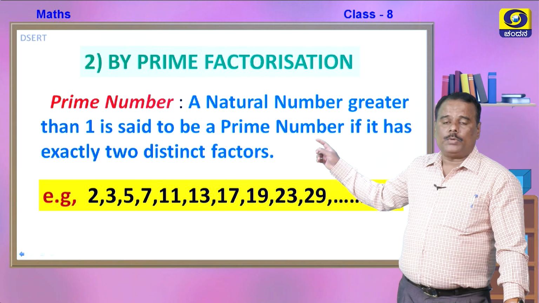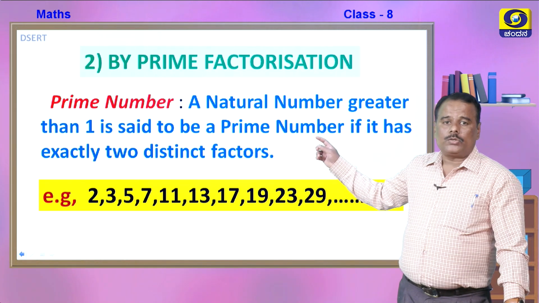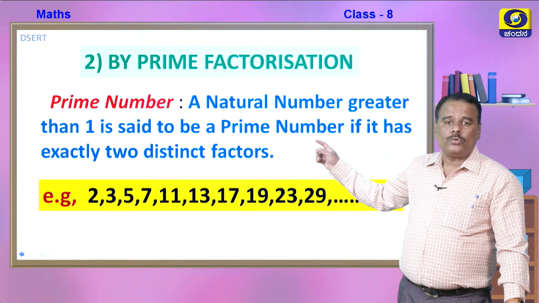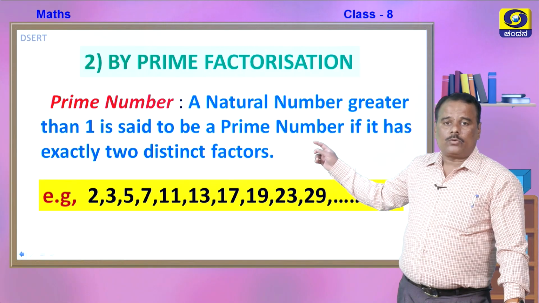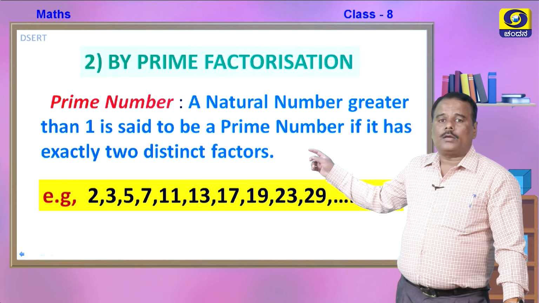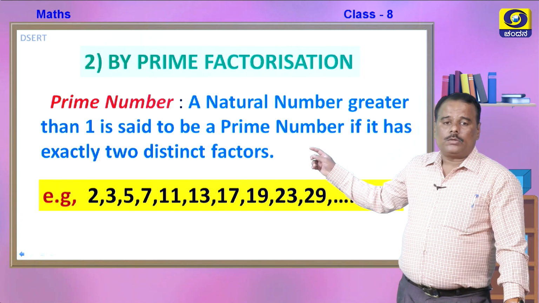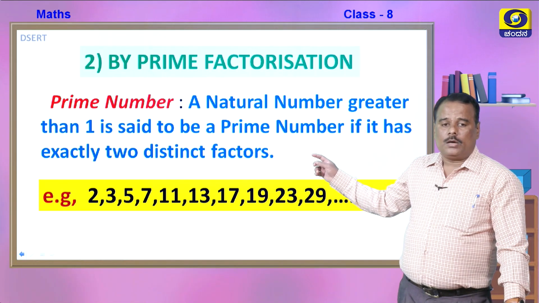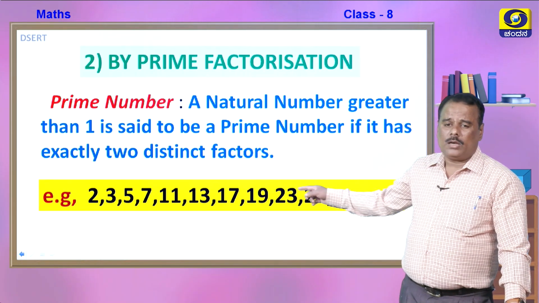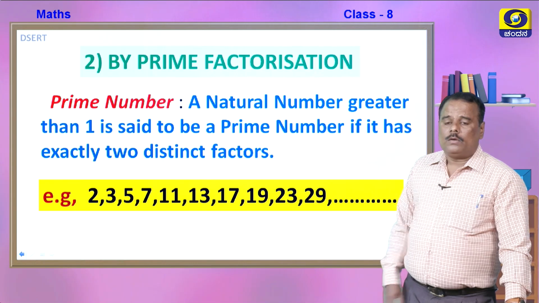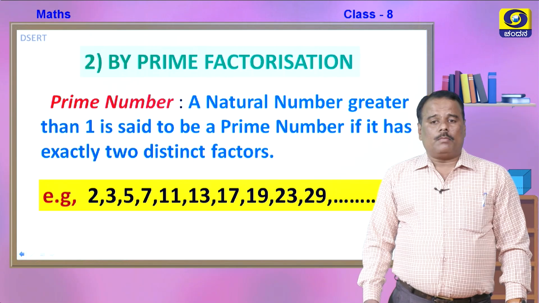The factors should be 2, exactly, in the sense they should not be more than 2 factors or less than 2 factors. If at all there are 2 factors, those 2 factors must be distinct, and the numbers which follow this definition are 2, 3, 5, 7, 11, 13, 17, 19, 23, 29 and so on. We can list infinitely many prime numbers.